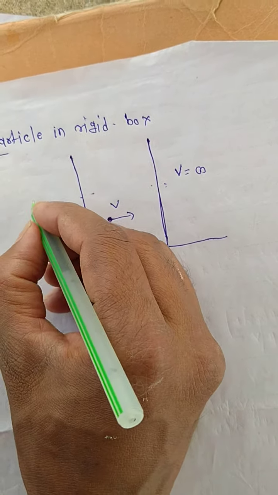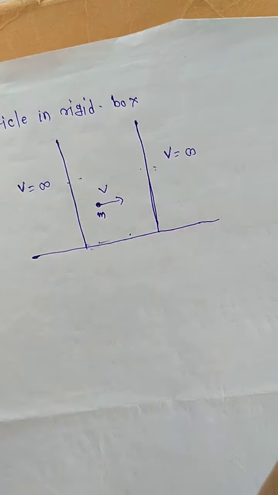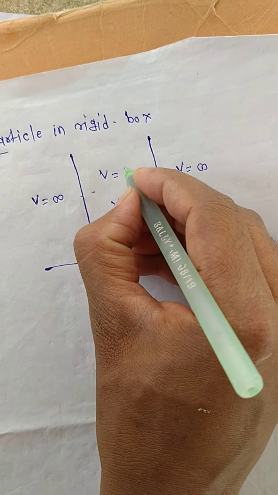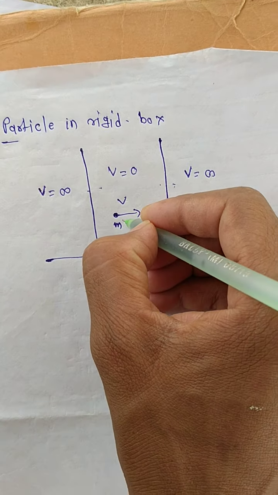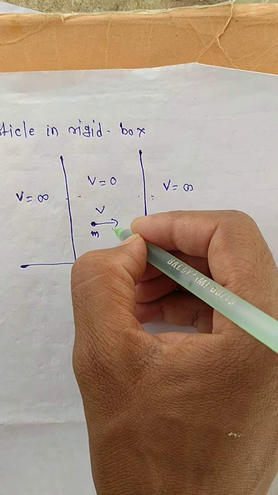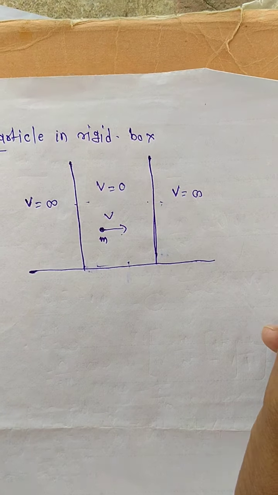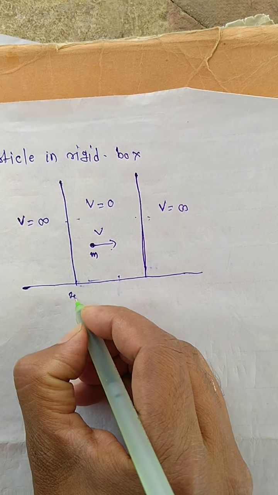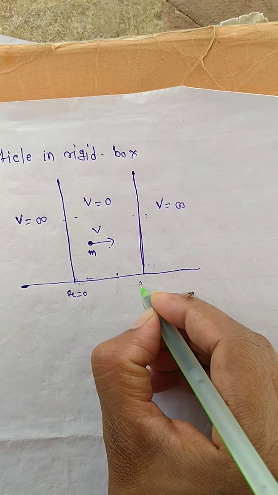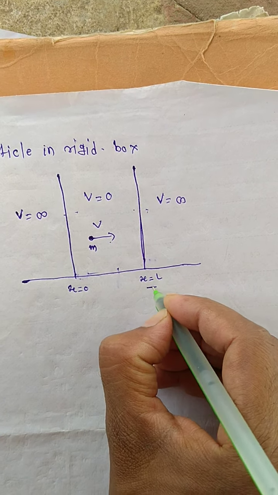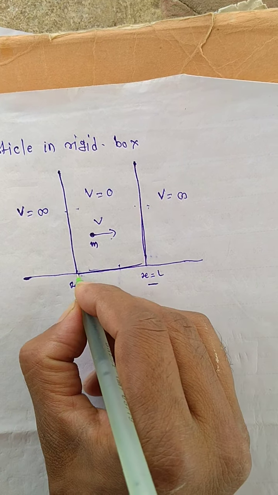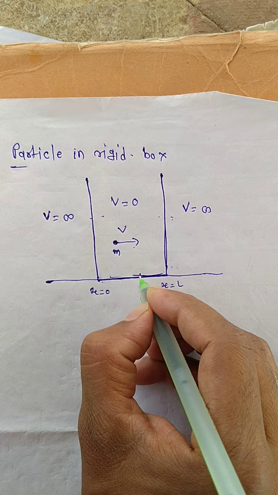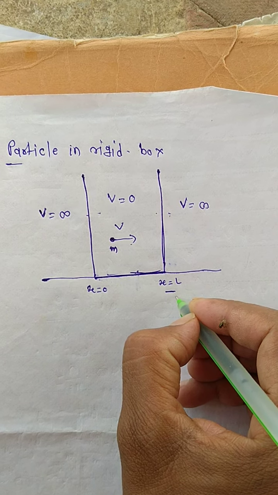Outside the box, potential is infinite. Here, potential is zero, means the particle is capable of moving freely. This one is x equal to 0 and this one is x equal to L, the width of the box.